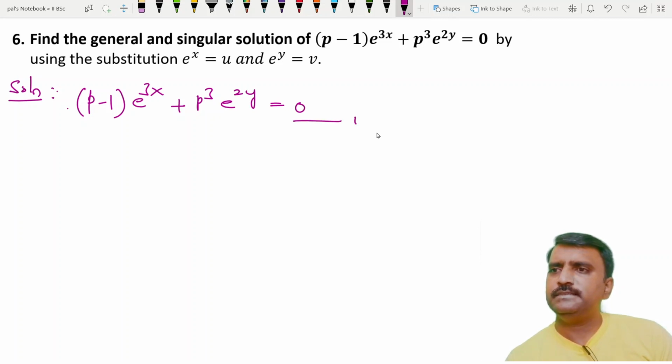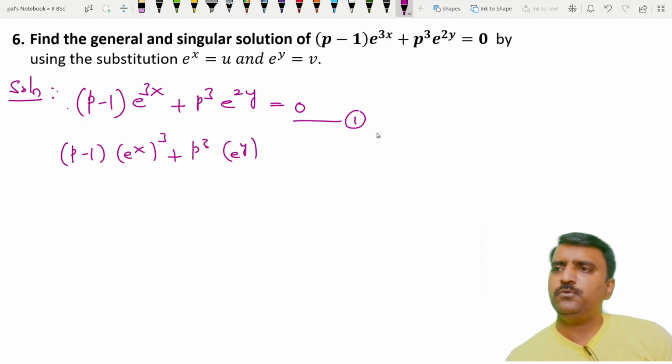You take this equation as 1. Okay, you can write this equation as (p minus 1) into, we write e to the 3x as e to the x whole cube, plus p cube into e to the y whole square is equal to 0. You take it as 1.